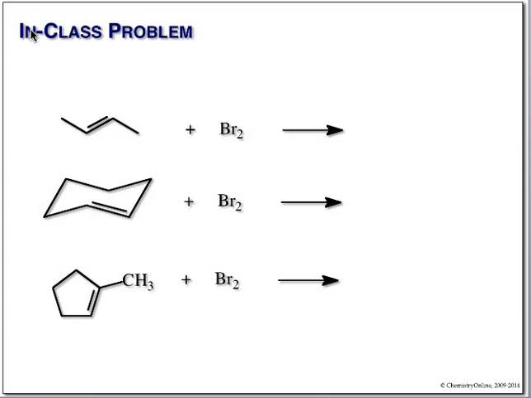Because it's all going to be single bonds, isn't it? So it's simply going to be 2,3-dibromobutane. Bromine on each carbon, and it looks like that. When I say a 1,2-dibromide, remember that's not the numbering for the name. That's just the fact that the two bromines are on adjacent carbons.